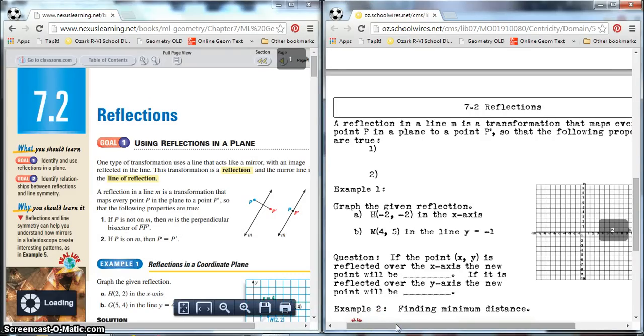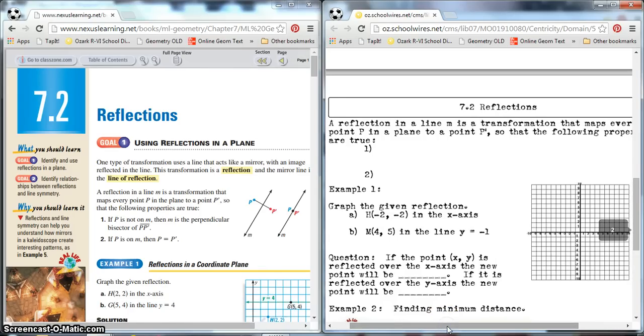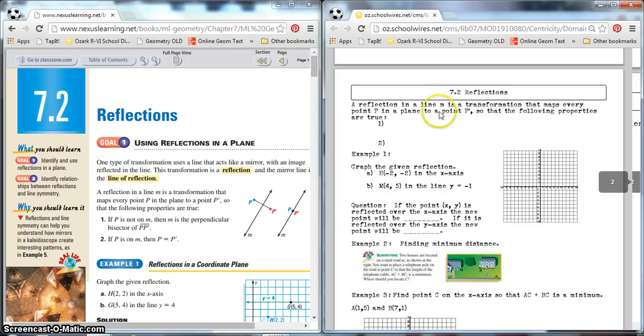All right, a reflection in a line M. We're going to take each one of these transformations one at a time and talk about them. A reflection in a line M is a transformation that maps every point P in a plane to a point P prime so that the following properties are true.